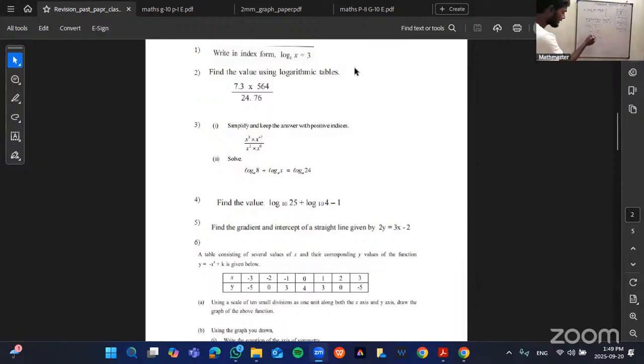Now you have again log 10, 10: same base, same number, so the answer should be 1. Understood?